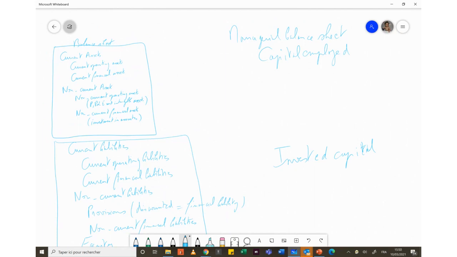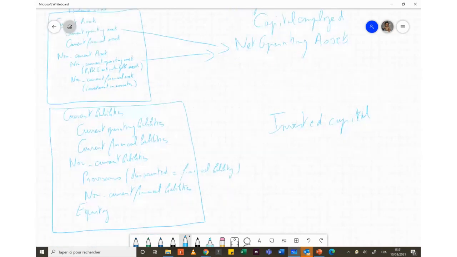So now we can separate the net operating assets. In the net operating assets, we have the current operating assets, the non-current operating assets, and it is net because it's minus current operating liabilities. And we don't put the provisions because the provisions are like financial liabilities because they are discounted. So now we have the net operating assets.